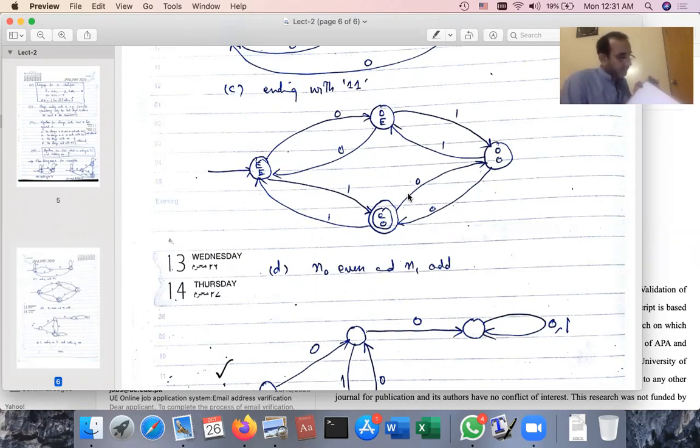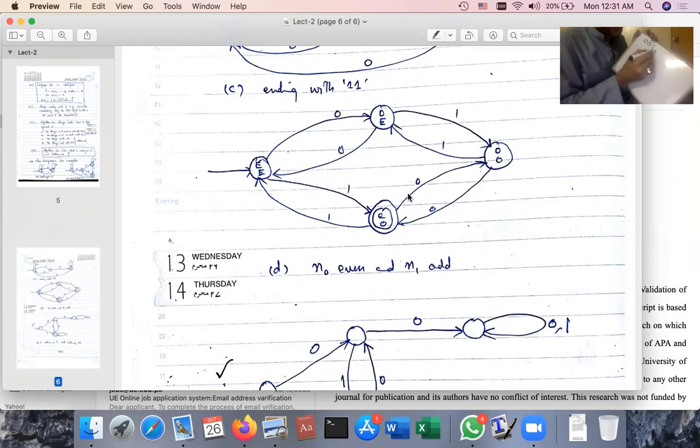So number of zeros can be even, like this one, and number of ones can be odd. So this is the minimum example. Number of zeros can be even, number of ones can be odd.